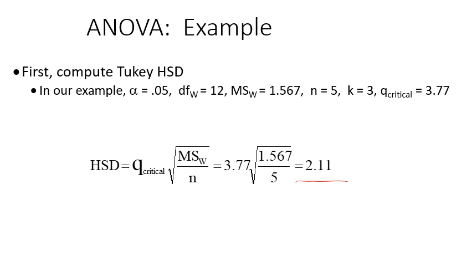So you've got the three groups here, which were clowns, football players, and administrators, and you're going to look at the mean differences here. Any mean differences that are greater than 2.11 are significant differences, so we'll report them that way.